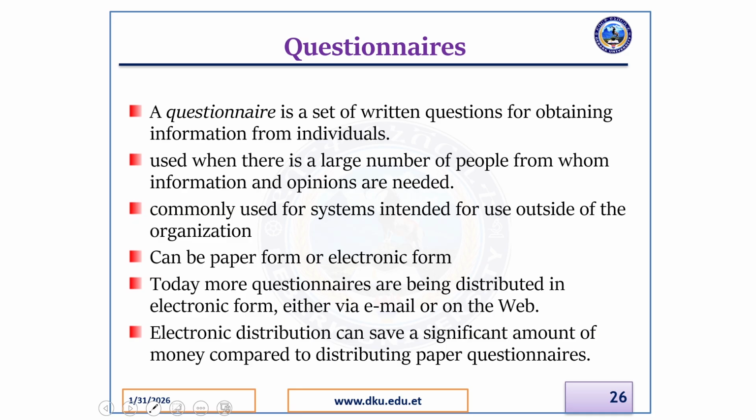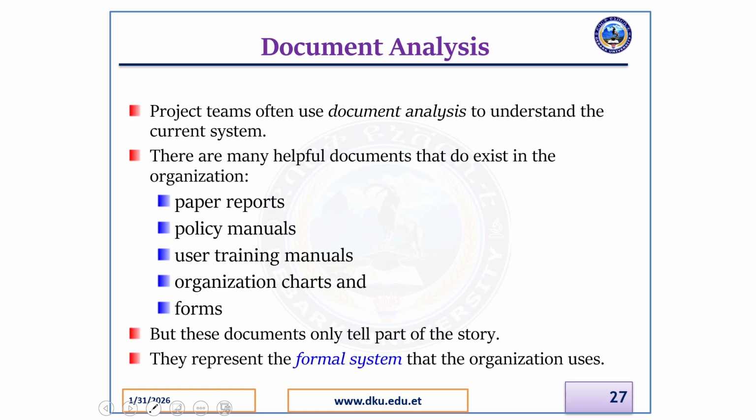It can be prepared in paper form or electronic form. Today, more questionnaires are being distributed in electronic form, either via email or on the web. Electronic distribution can save a significant amount of money compared to distributing paper questionnaires.